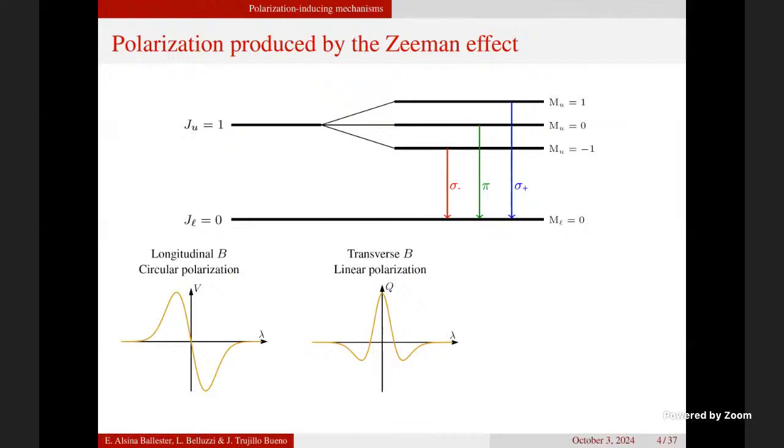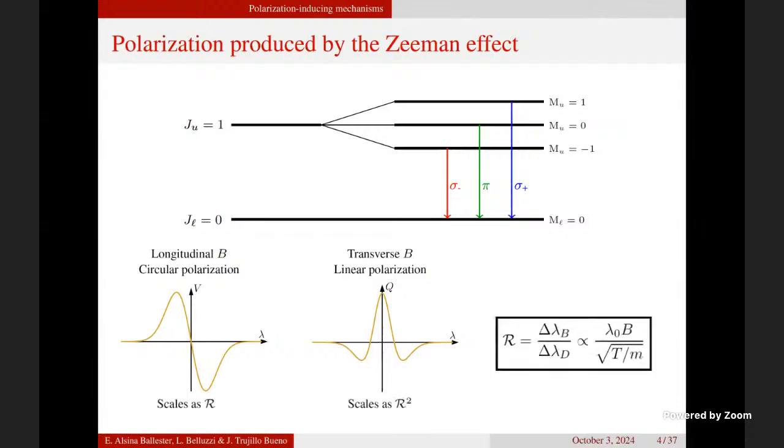If the magnetic field is longitudinal, parallel to the line of sight, then we find circular polarization. And if it is transverse, perpendicular to the line of sight, we get a linear polarization pattern. The amplitude of these patterns depends on an R parameter, which is the ratio of the magnetic splitting over the Doppler width, which depends on the wavelength of the considered spectral line and the magnetic field, among other things.